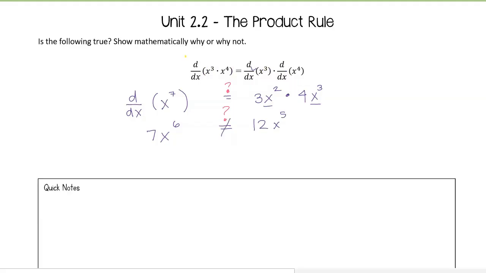So the big question is, how do I handle something like this equation here on the left? The derivative of x cubed times x to the fourth. For this problem, it's really easy to combine the x's into one term and find the derivative. But what do we do if it's something more complicated? We need another rule, and the rule we're going to use is called the product rule.